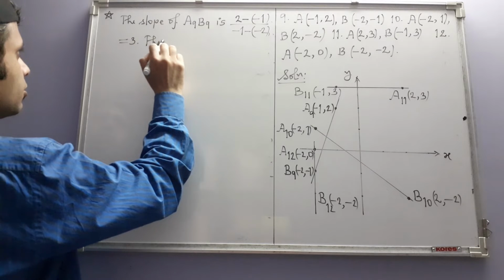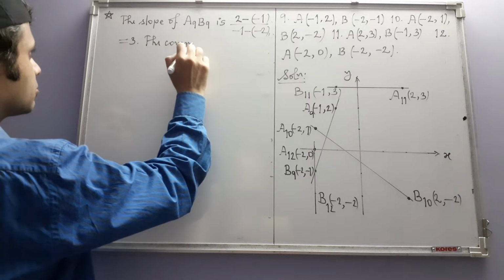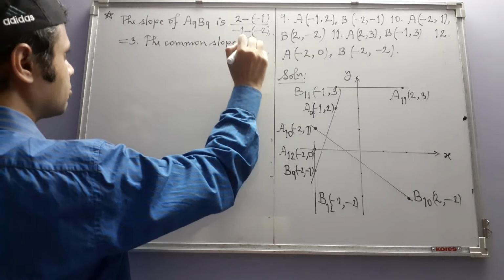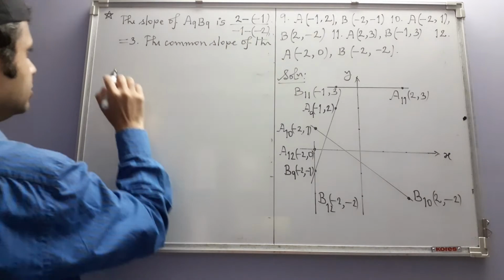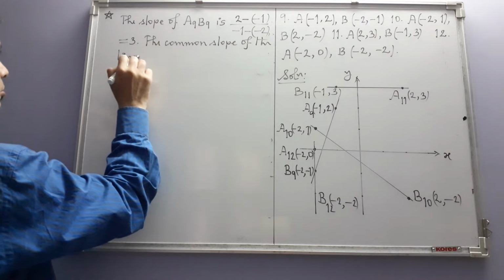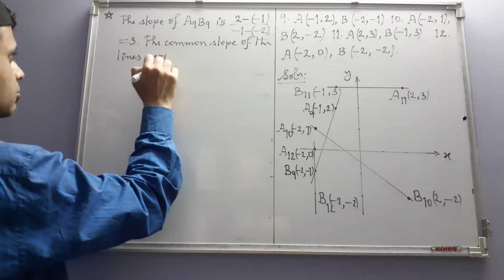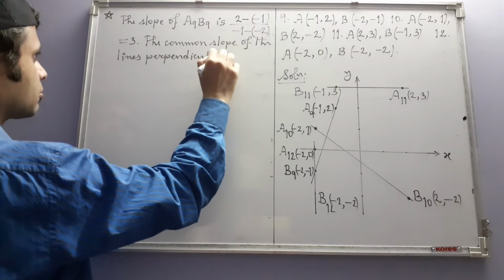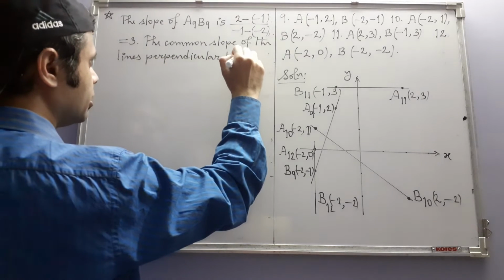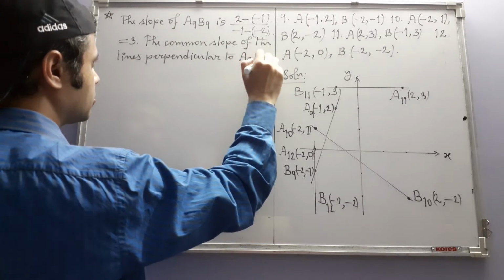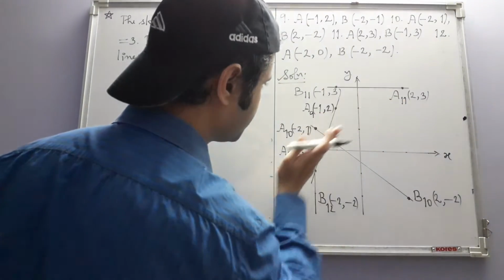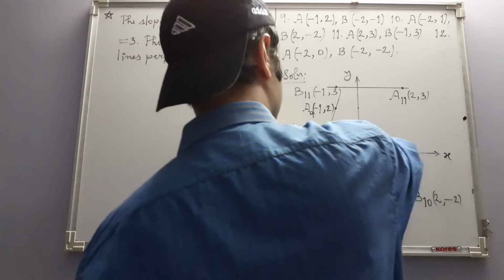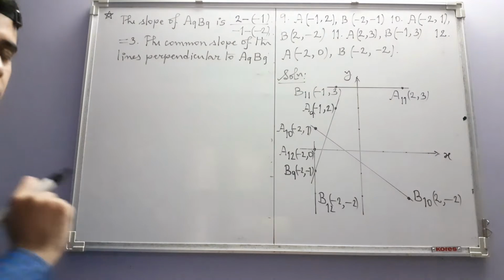The common slope of the lines perpendicular to A9 B9, that is this type of lines, for them what is the slope?